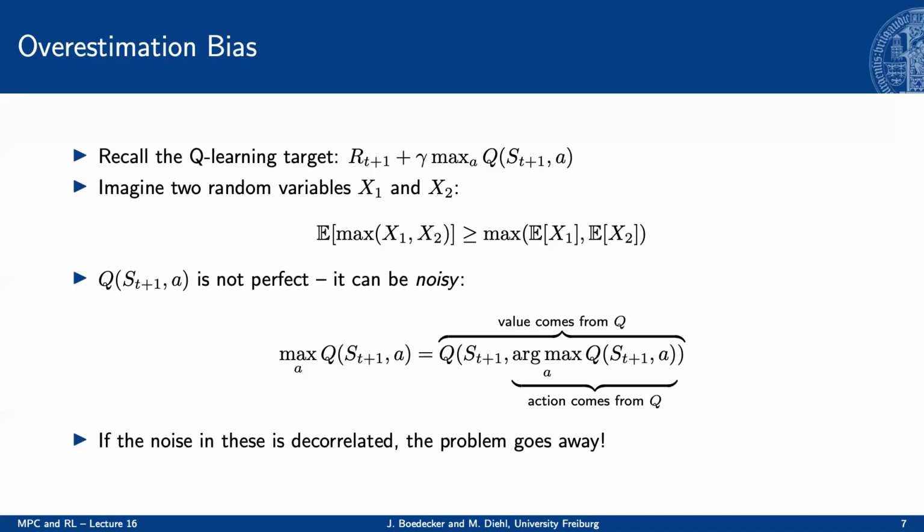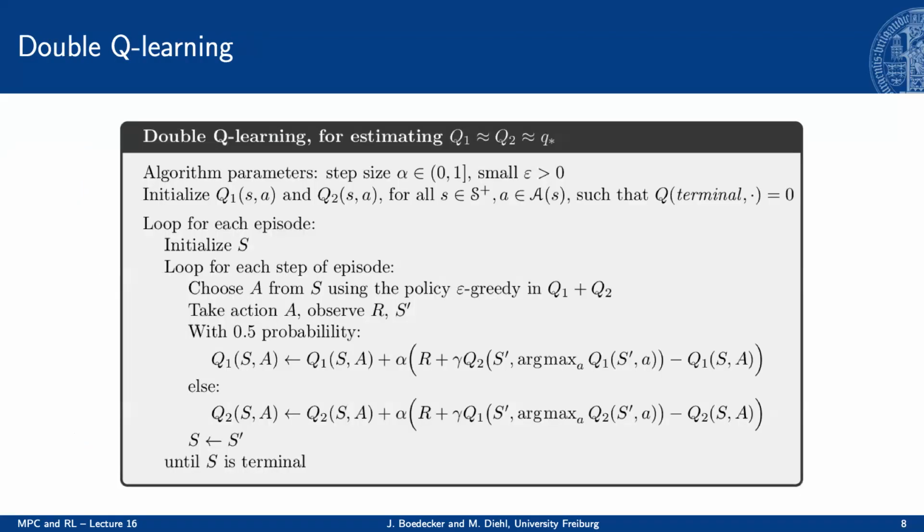If we were able to decorrelate using two different Q functions, then we would have decorrelated noise, and then we wouldn't have this problem where we take the value of one and maximize with the same Q function, because then the noise would be in different directions potentially. It wouldn't always be in the same direction. So that's basically what this algorithm tries to do, which is called double Q learning.